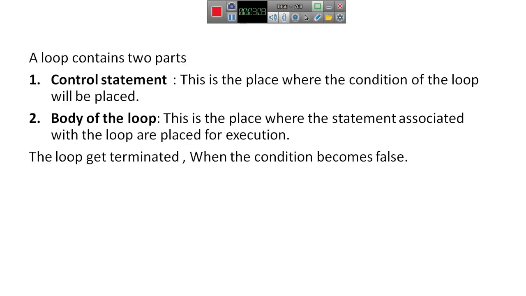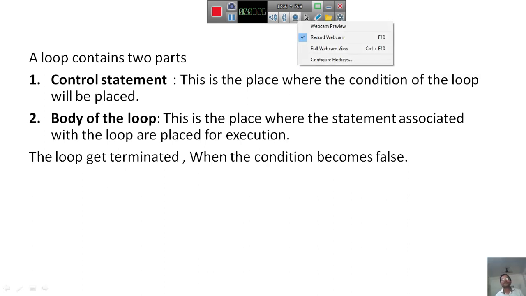Any loop contains a control statement and a body of the loop. It may be a while loop, for loop, or do while loop. Whatever the loop may be, it contains a control statement, that is the condition statement, and the body of the loop.